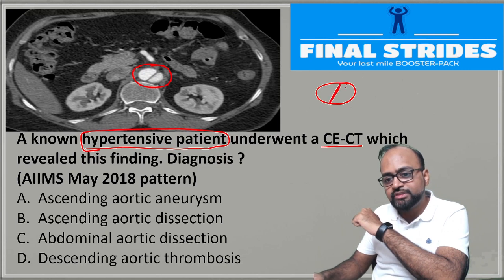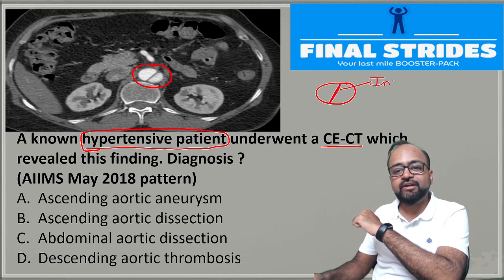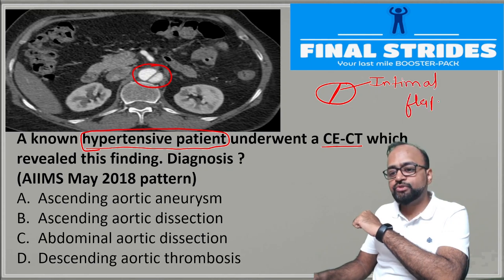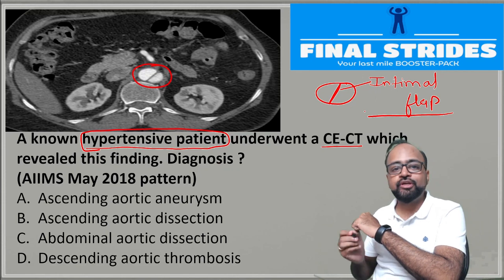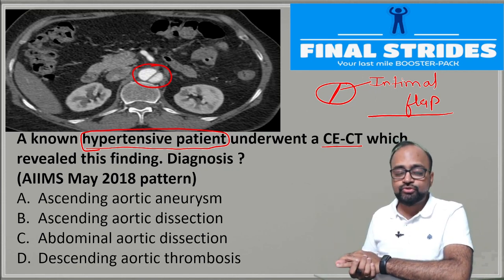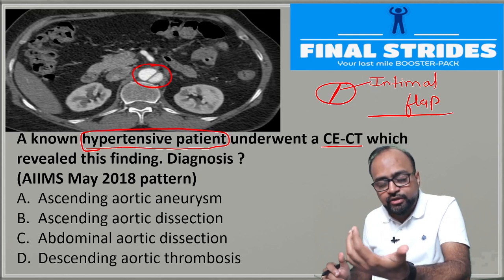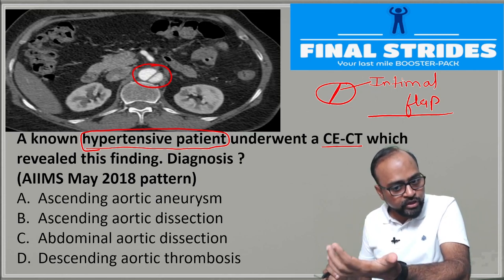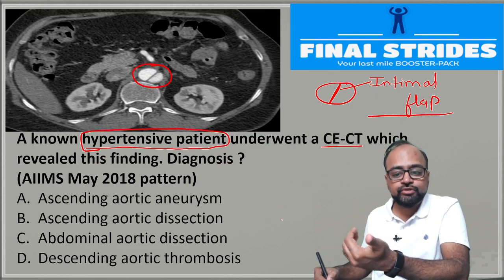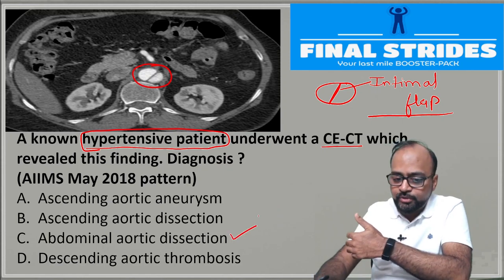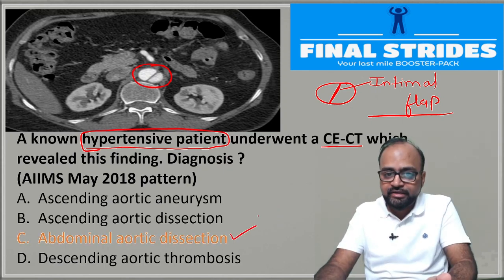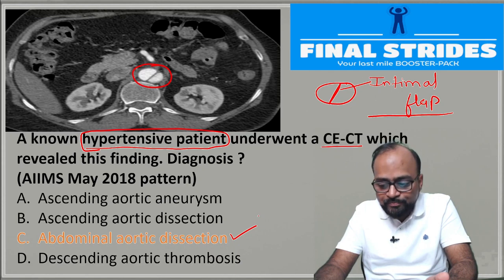This septum is nothing but an intimal flap. And when you see an intimal flap within the aortic lumen, it suggests a diagnosis of aortic dissection. Is it the thoracic aorta or the abdominal aorta? This is the abdominal aorta. So this diagnosis is abdominal aortic dissection, right?